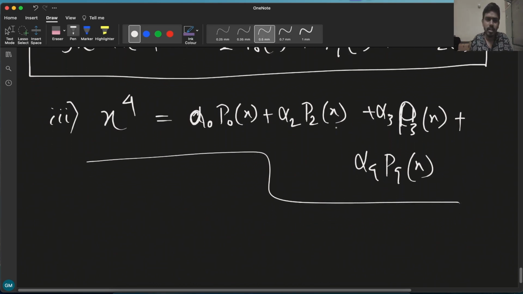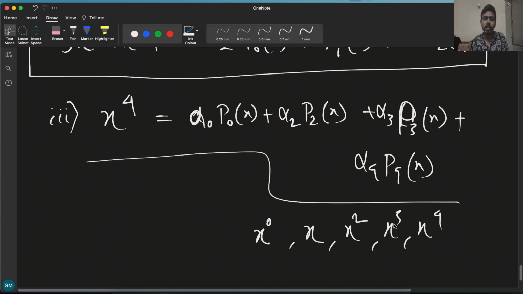And then you need to compare the coefficients of different powers, x⁰, which is basically the constant term, x², x³, and x⁴, and get the values of these constants.